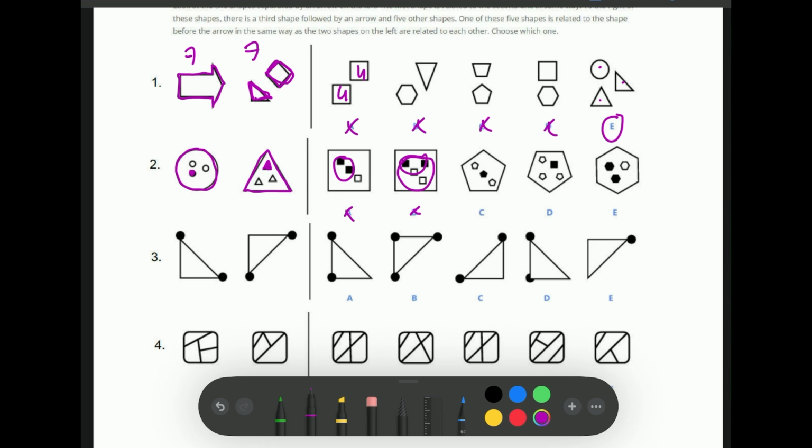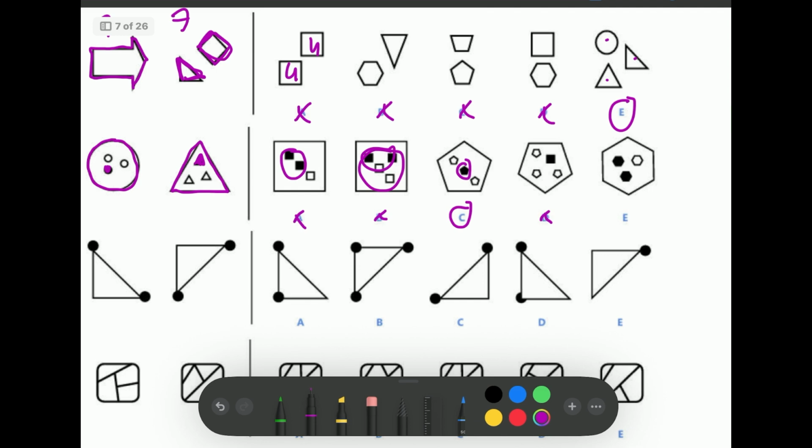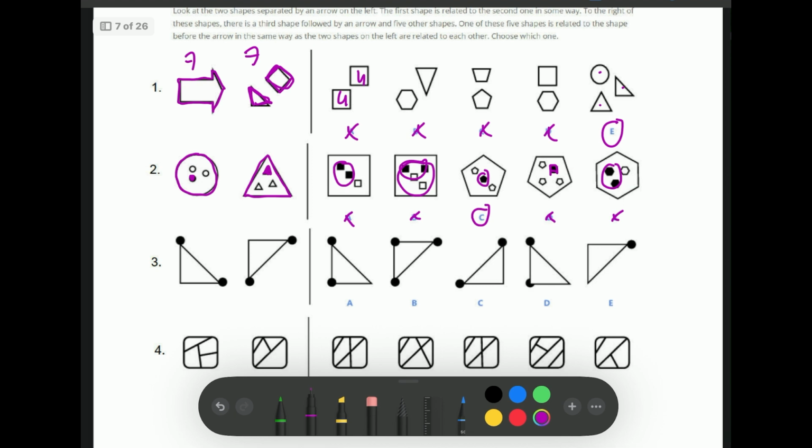The answer is C because we've only got 1 black pentagon and we've got 3 in total. It's not D, just to clarify, because this has got a square that is black in it for some reason and all the other pentagons are white. And then E is wrong because there's 2 black hexagons when there should only be 1.